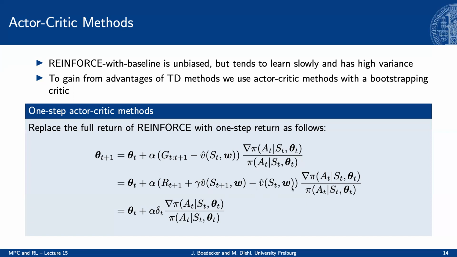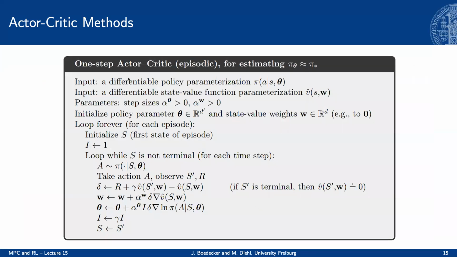And still we need to multiply it with the gradient of the log policy. That's what this is basically. That's the idea of these one-step actor-critic methods, and here you have the full pseudocode.